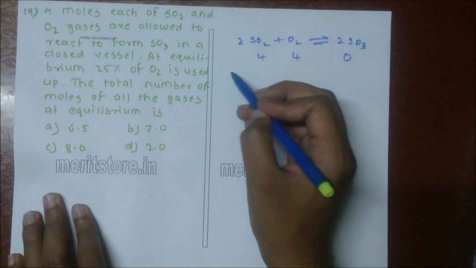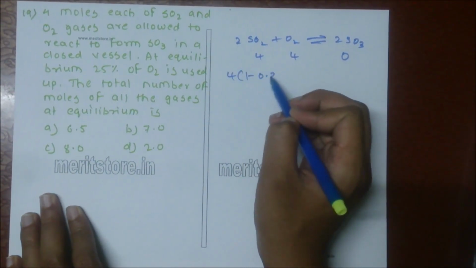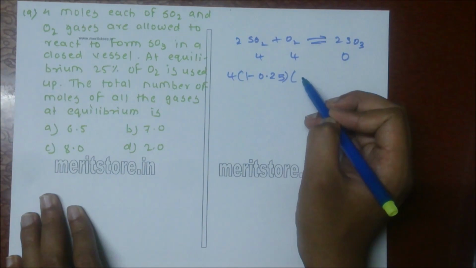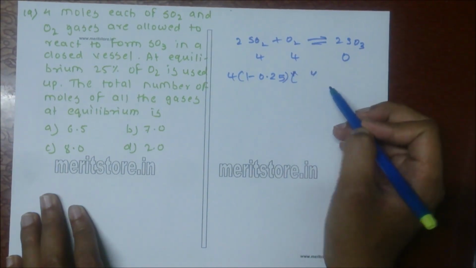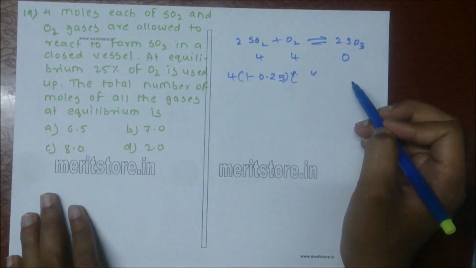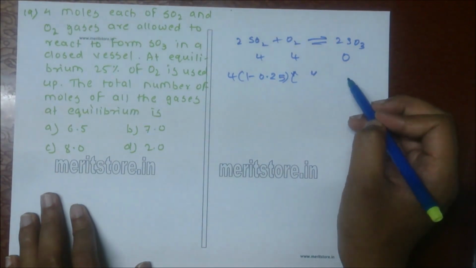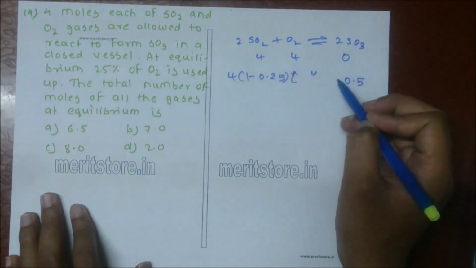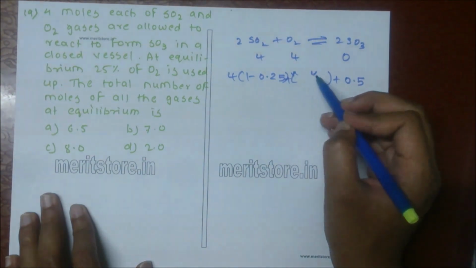At equilibrium, 4 into (1 minus 0.25). Same for oxygen, and for the product it will be 0.5. So we have to add all these.